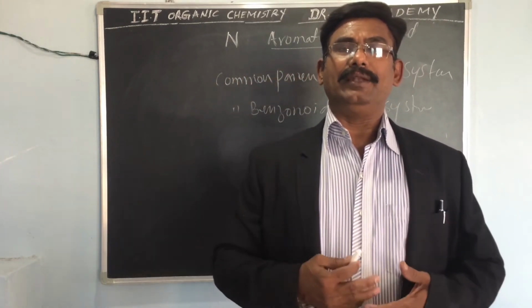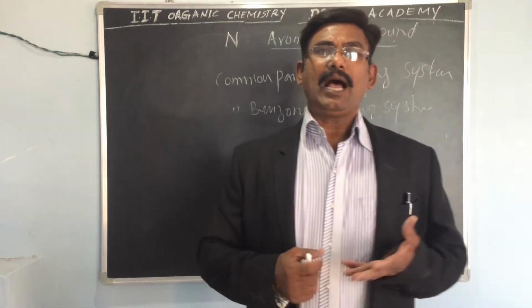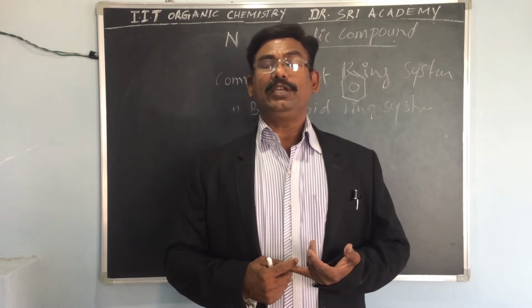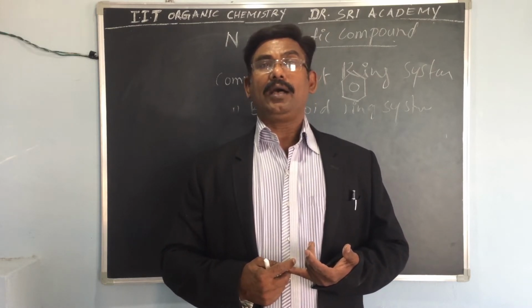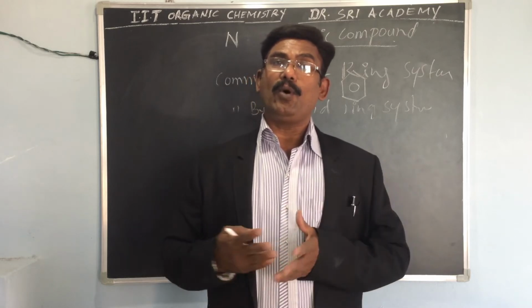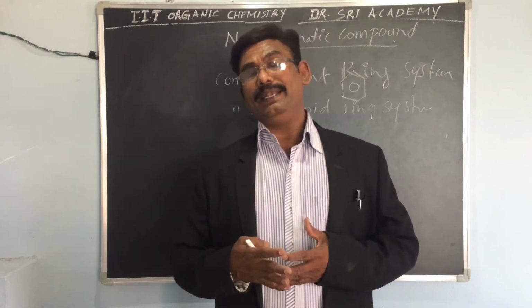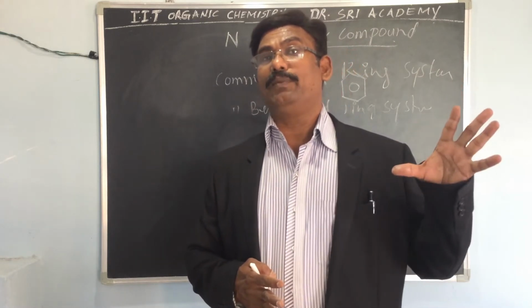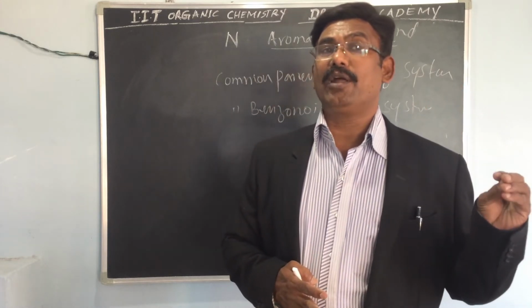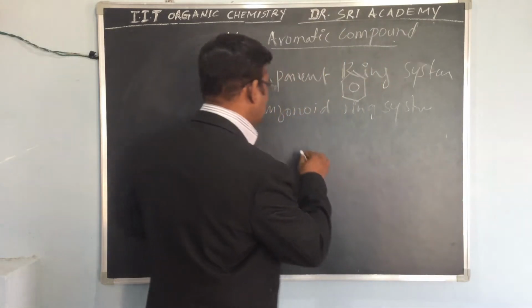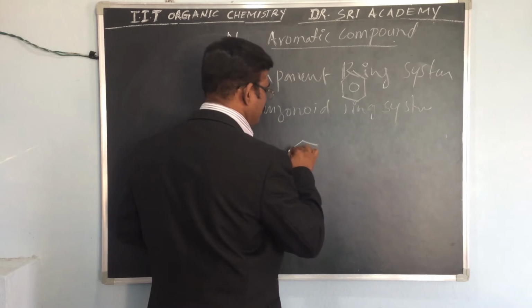Azulene has 7 carbons, 1, 2, 3, 4, 5, 6, 7, attached to a five-membered ring. So that is called azulene.